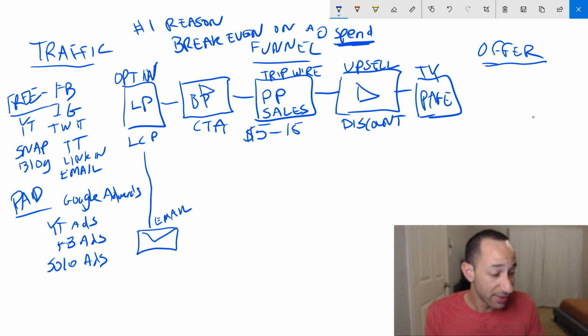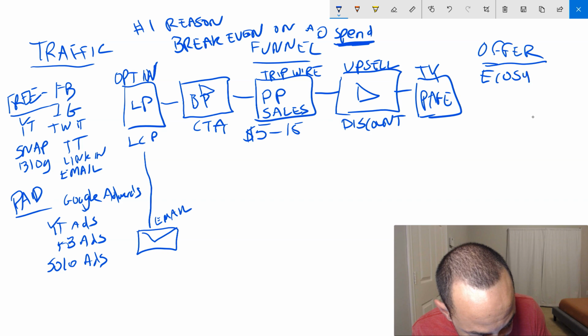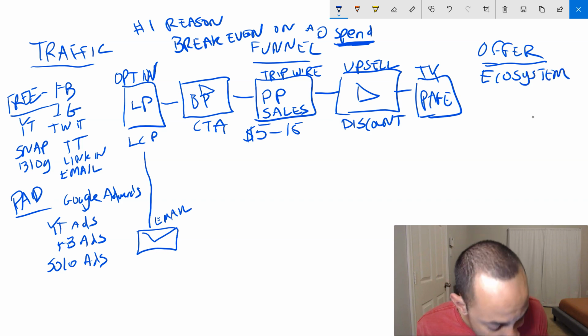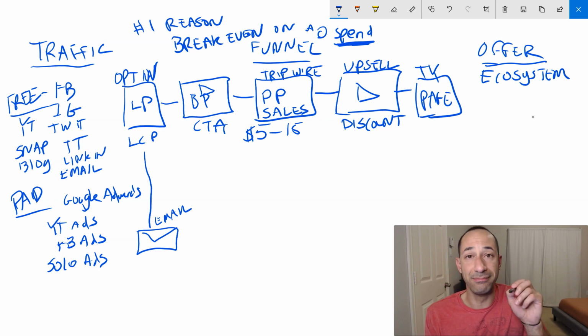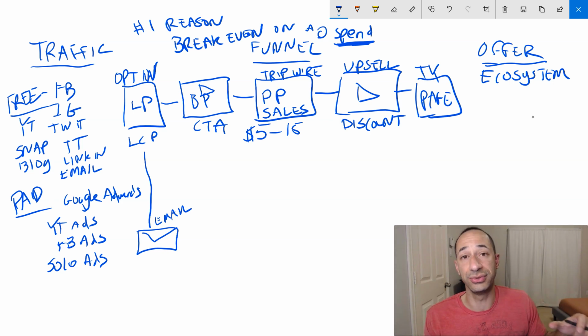And this person is now in the ecosystem, right? And within this ecosystem, most of the good high ticket programs will have a whole slew of products that they're going to be able to promote to your lead, the one that you brought to them.